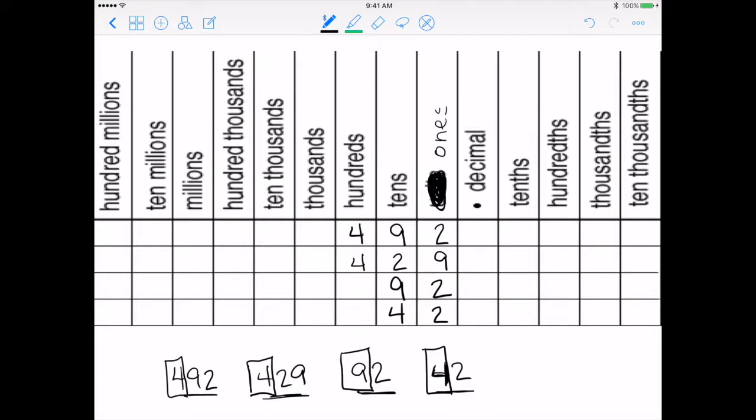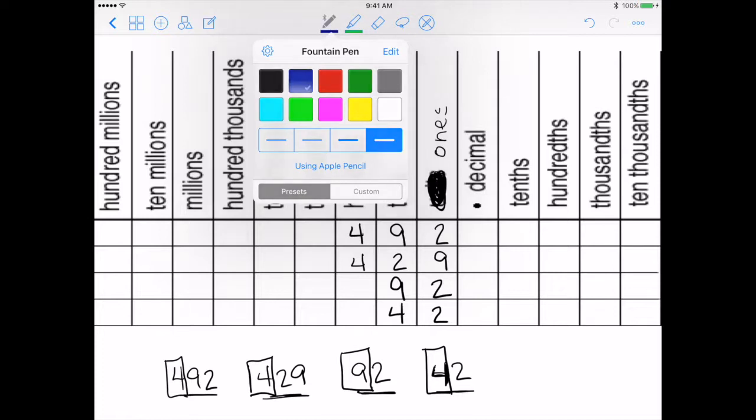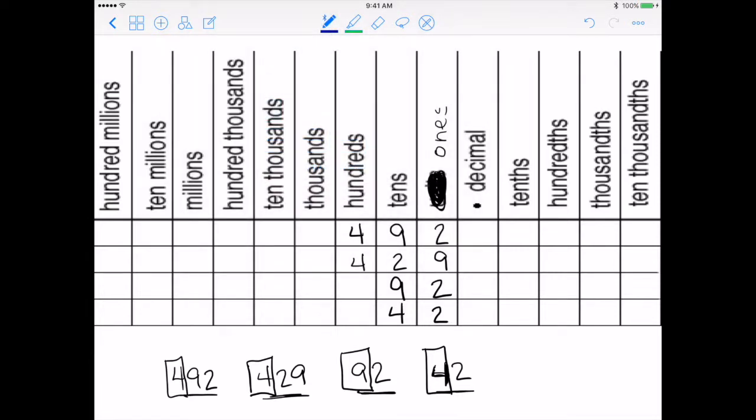Now, as you compare these numbers, you can see that 492 is the number that has the greatest overall value. If you look, there are 4s in the hundreds column in our first number and our second number.